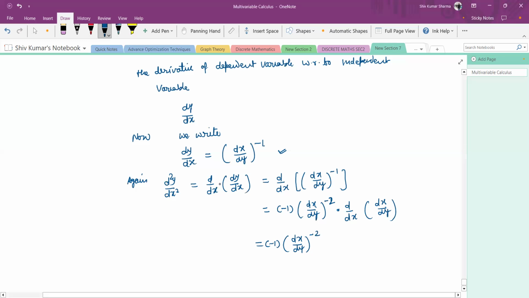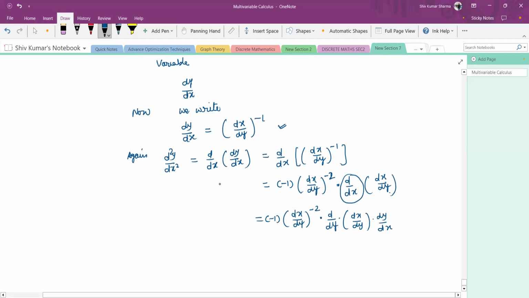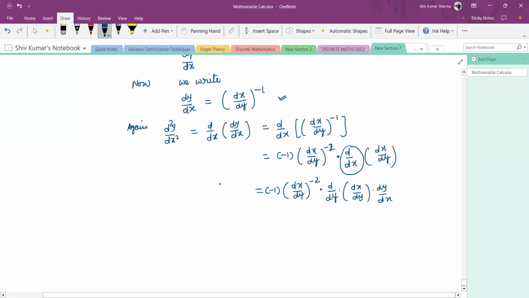Here outside the independent variable is x, inside is y, so we cannot differentiate directly. So we apply the chain rule. So d upon dx can be written as d upon dy into dy upon dx.